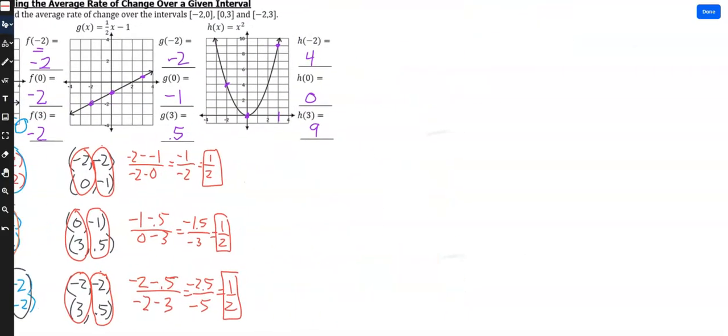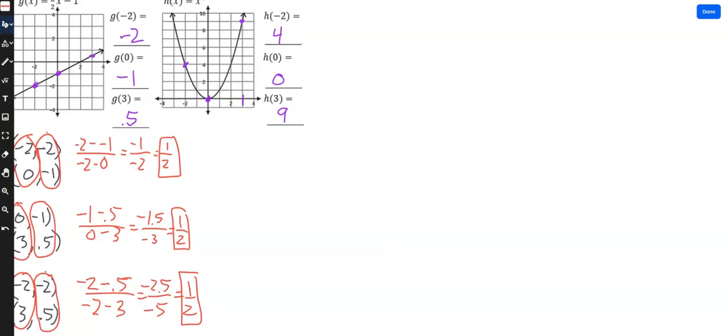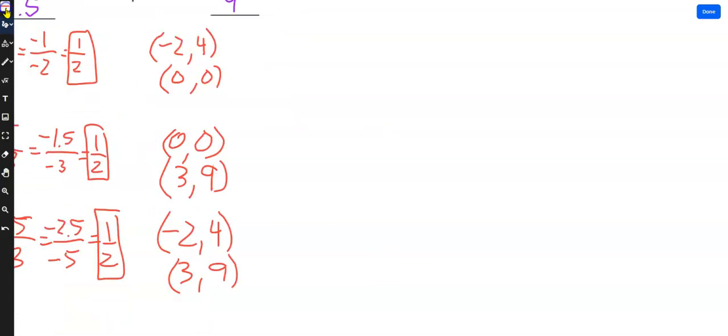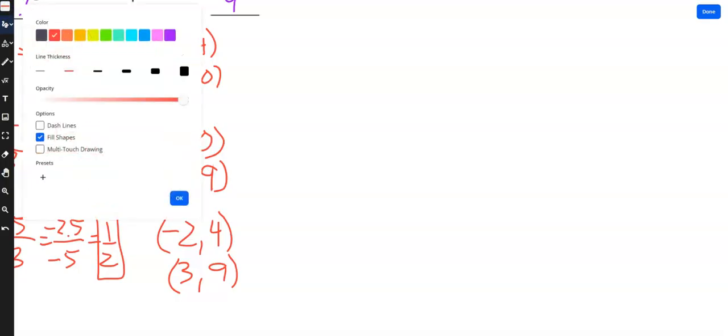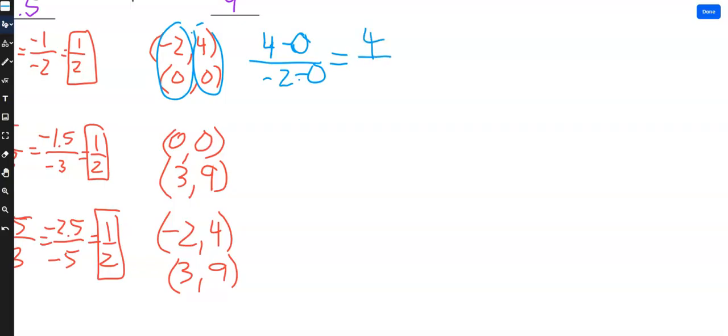That is not going to be the same case when we get over here to this one. Let me pause so I can get my coordinates written down. So if I do this, I'd have 4 minus 0. Right, dang it. -2 minus 0. So 4 over -2, which is -2.